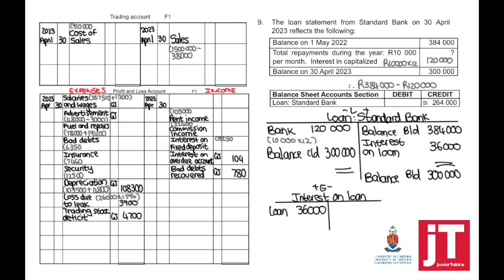My interest on loan, which is an expense, is 36,000. And because it's an expense, it will go on the debit side in the profit and loss account. So an easy solution to this is do a T account. Write down the information which was given. Find the missing figures.